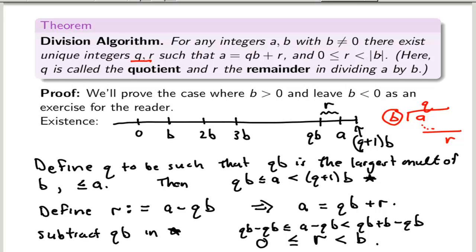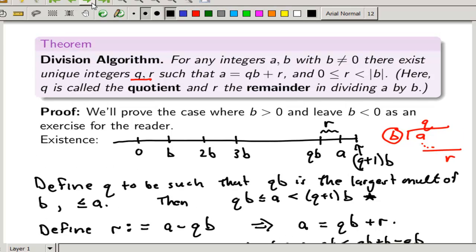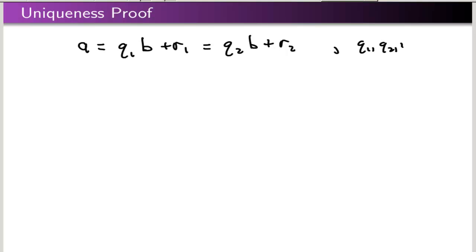Let's go on to the uniqueness part now. Okay, in the uniqueness part, we suppose I've got two different quotients and remainders, Q1B plus R1 and Q2B plus R2, for some integers Q1, Q2, R1, R2, with the remainders strictly less than B and non-negative.